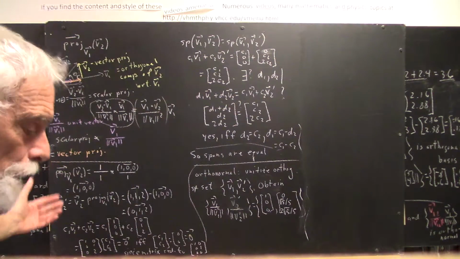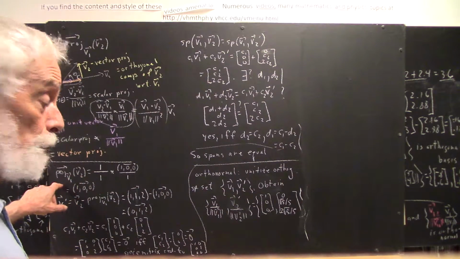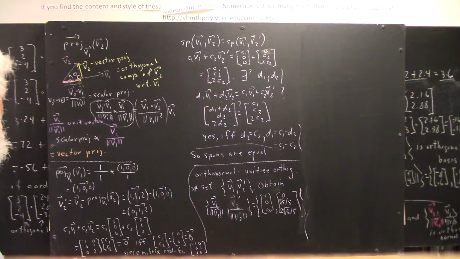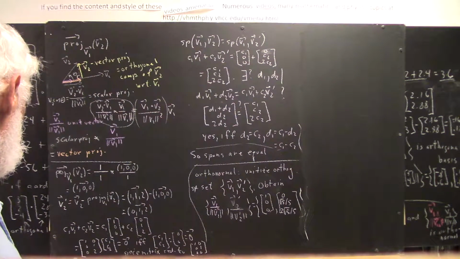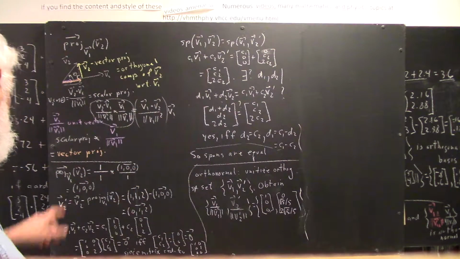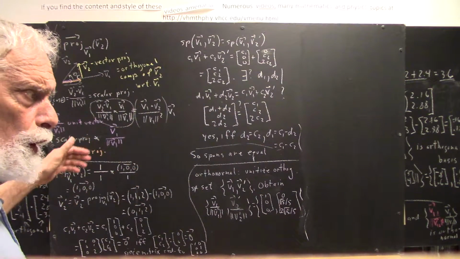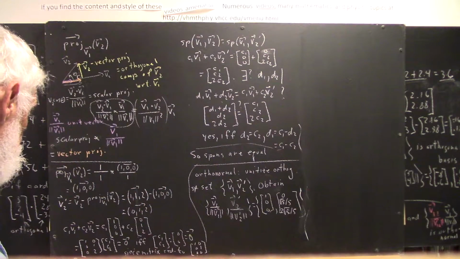Now, in the first problem, you're asked to project V2 onto V1, where V1 is the vector 1, 0, 0, and V2 is the vector 1, 1, 2, I believe. I'm not sure I wrote those down here. They're probably here someplace.